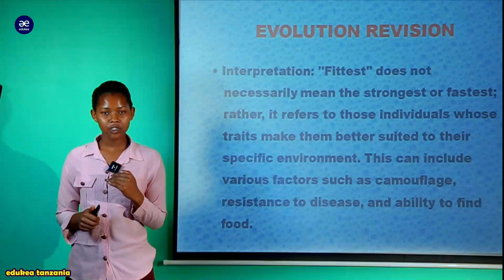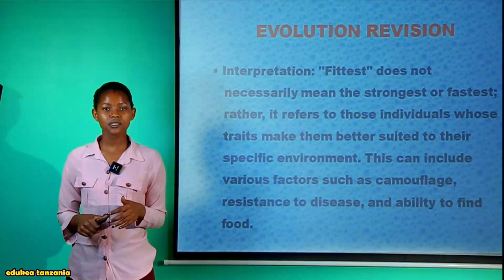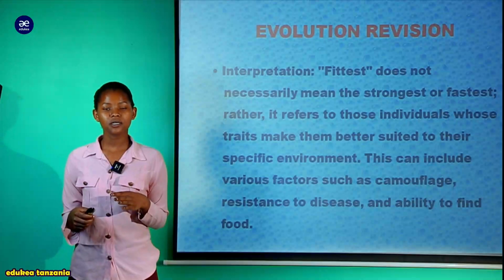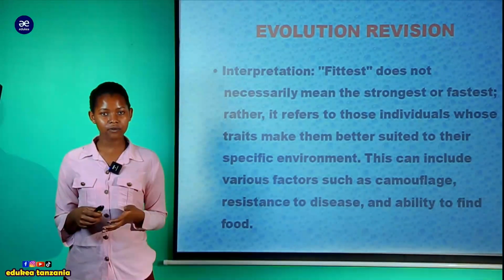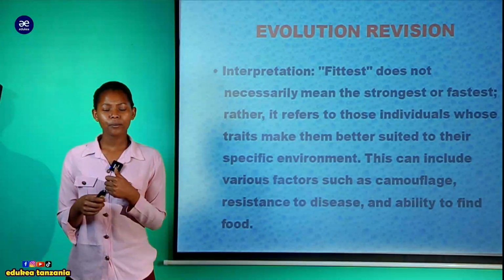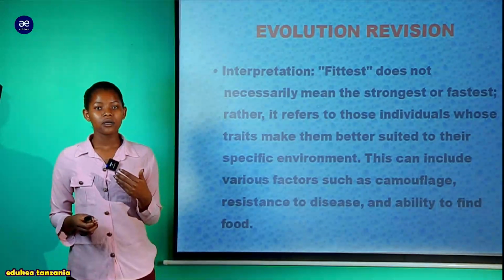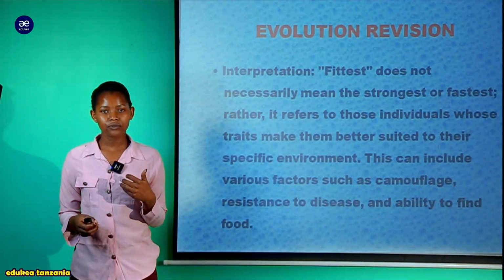and survive dangerous conditions. For instance, we can take an example, the moths during the Industrial Revolution. Kulikuwa kuna moshi sana katika mazingira, and there were two kinds of moths.